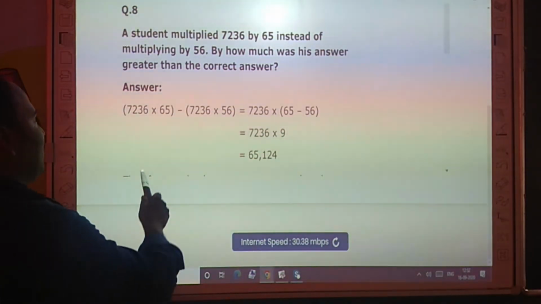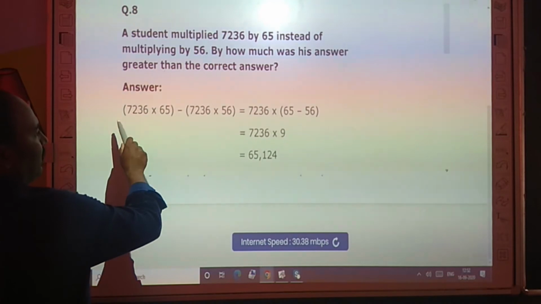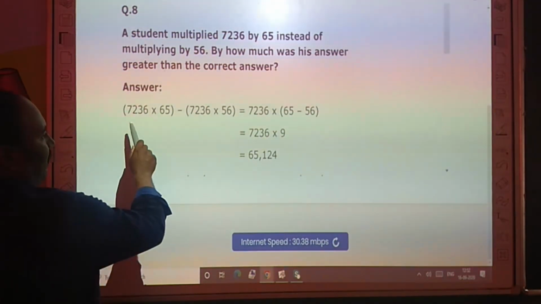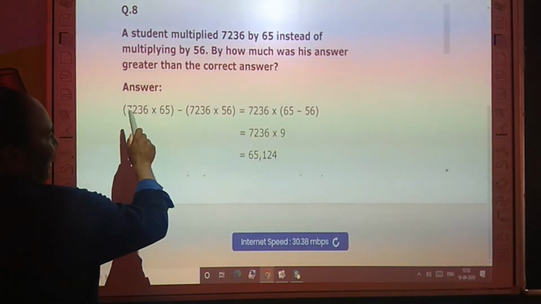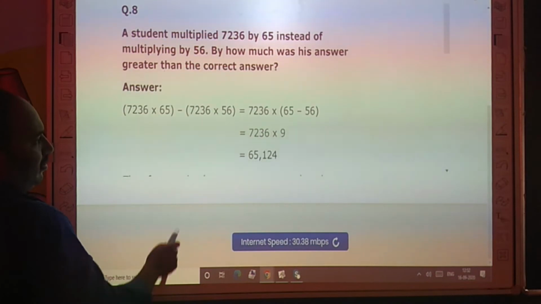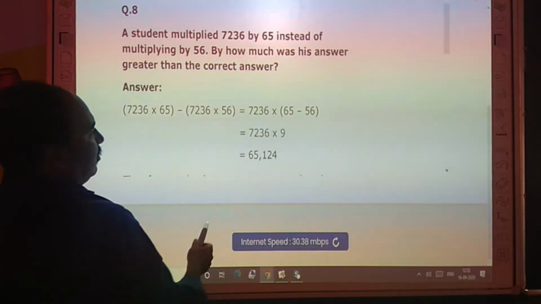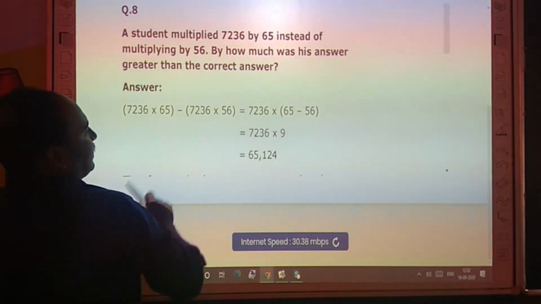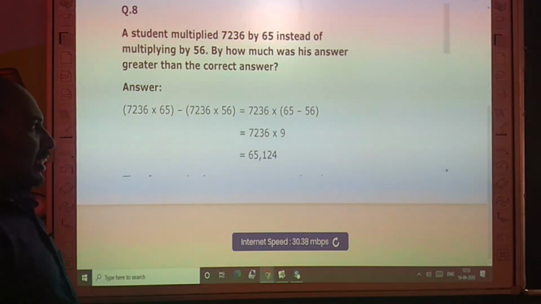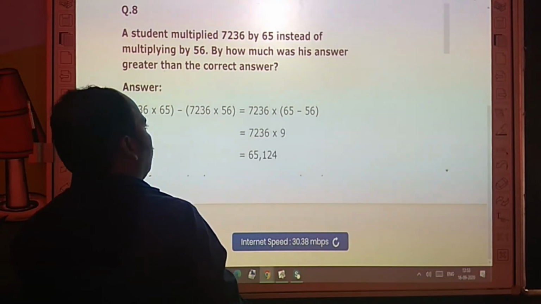First, the wrong answer is 7,236 into 65, a wrong calculation. Then minus the correct calculation, which is 7,236 into 56.